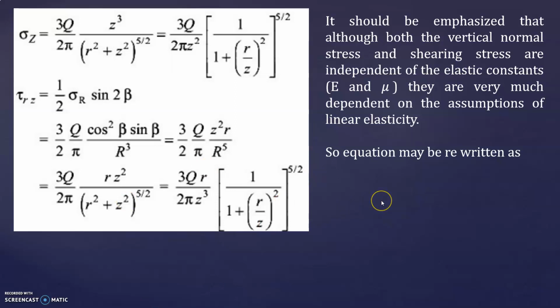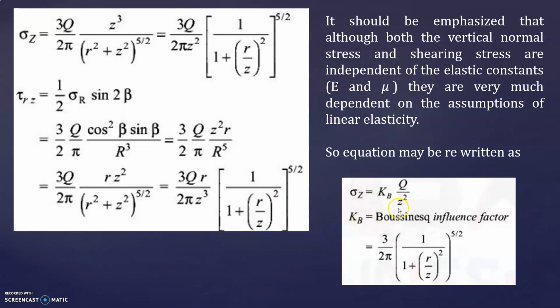So the equation may be rewritten as, you can write in terms of this equation also, sigma z is equal to Kb into Q divided by z square, where Kb is the Boussinesq influence factor, that is equal to 3 divided by 2 pi into 1 divided by (1 plus (r divided by z) whole square) to the power 5 by 2.